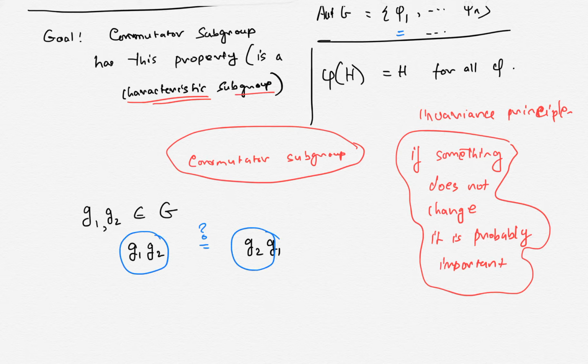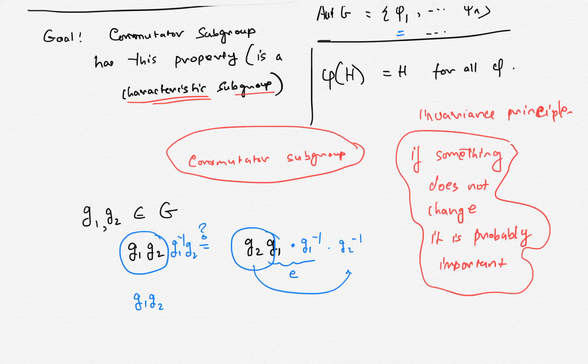If it is not, then they might not be equal. So if they are not equal, then we have g1 g2. We can multiply g1 inverse here, and then we can multiply g2 inverse here. So g1 inverse g1 will become identity, g2 inverse g2 would become identity.